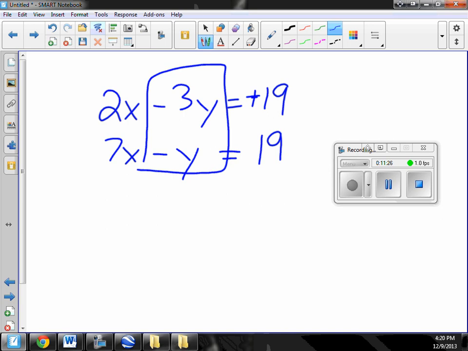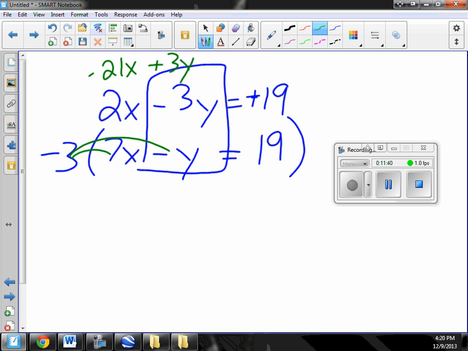So I'm going to times the bottom equation by negative 3. So when I multiply that through, I get negative 21x plus 3y, and then 19 times 3 is going to be 20, 40, 60, so 57 equals 57.